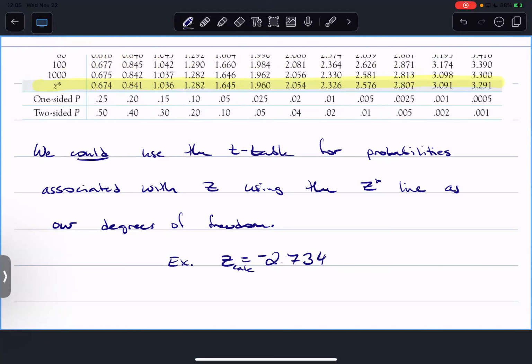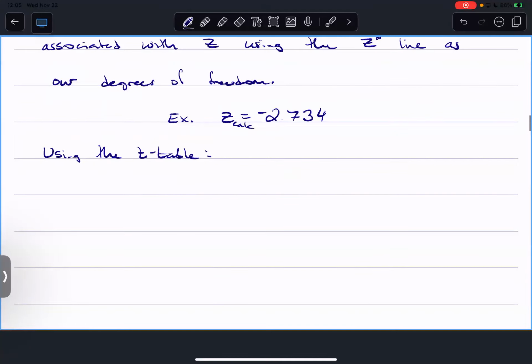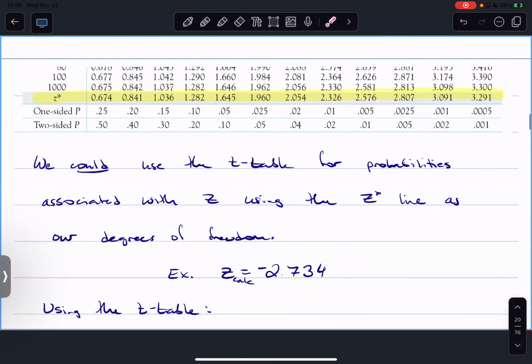Right? Then using the T table, the absolute value of Z equal to negative 2.734 is going to be between, moving out, 2.734, somewhere between 2.576 and 2.807. Right?